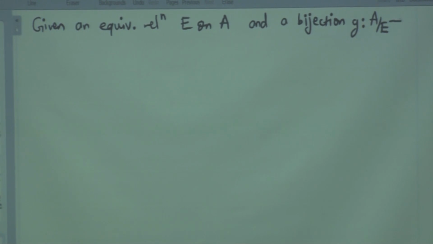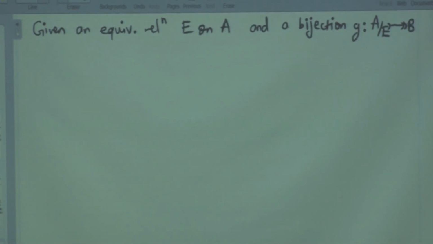Okay, let's go ahead. So, given an equivalence relation E on A, and a bijection g from A mod E to B. All of you understand A mod E now?